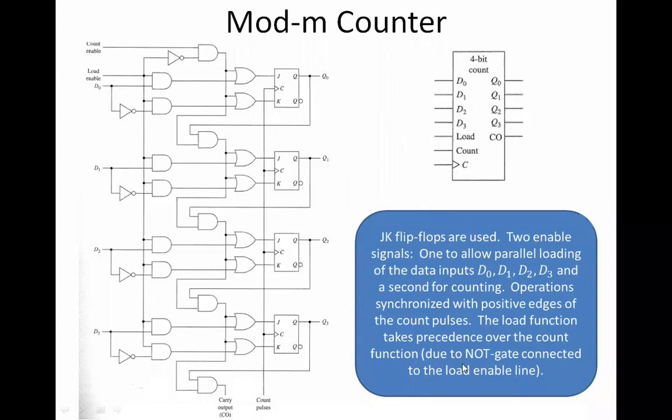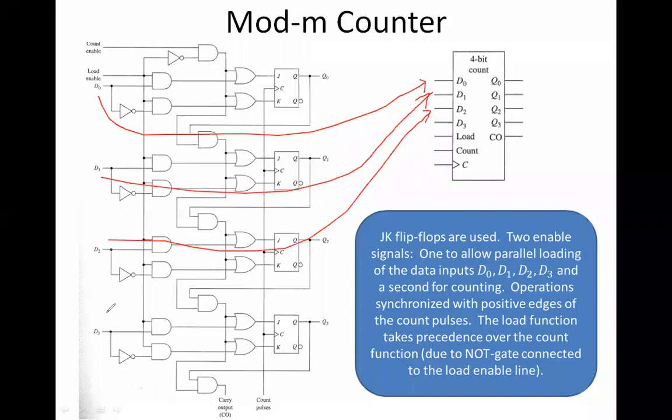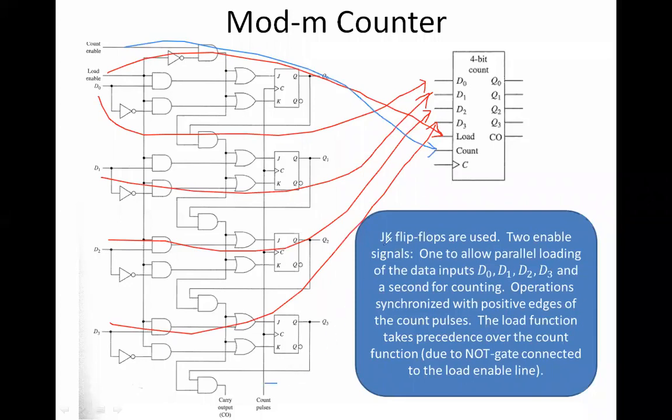You can see that you have D0, which is this one here, and your D1, D2, D3, your load line, and then your count line, then your clock is here, and then all these outputs, Q0, Q1, Q2, Q3 are here.